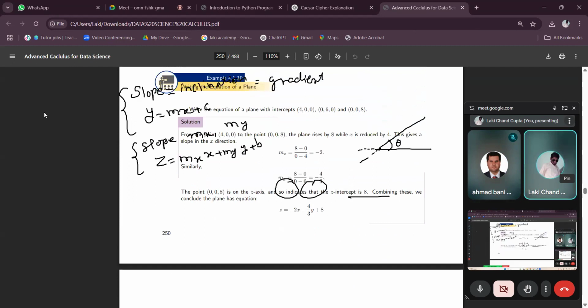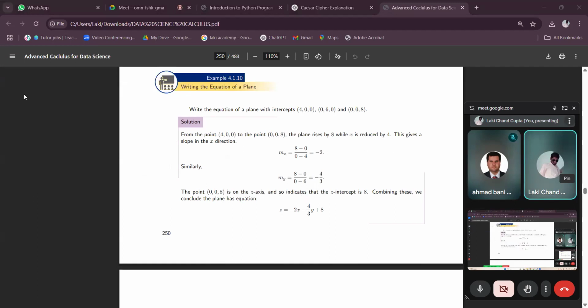Okay, now see. For the x direction, what do we find?